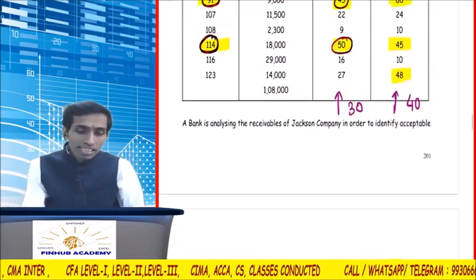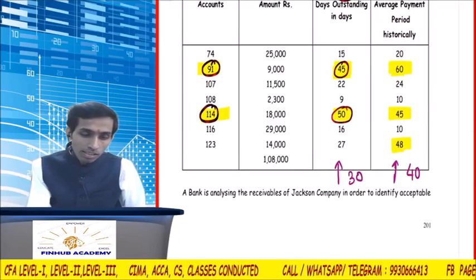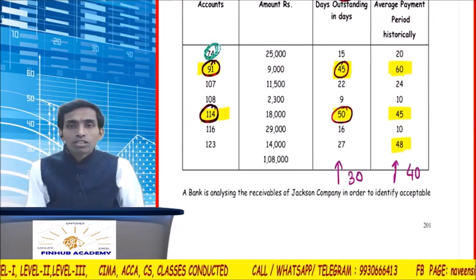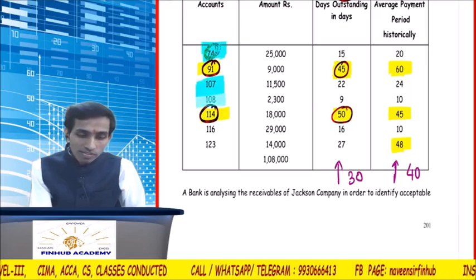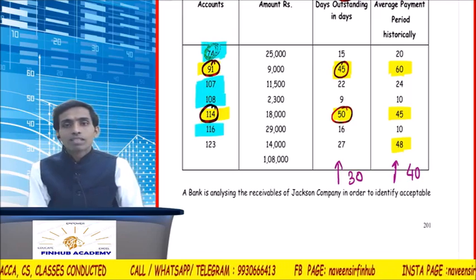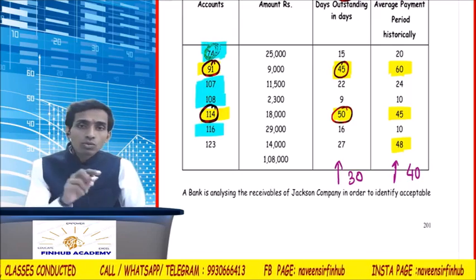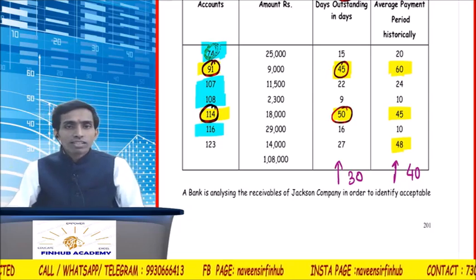Which accounts are selected? Account number 74, 107, 108 and 116. These accounts are selected as collateral because they are satisfying the bank's condition.